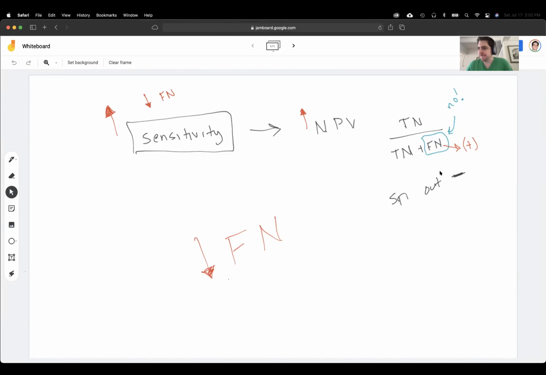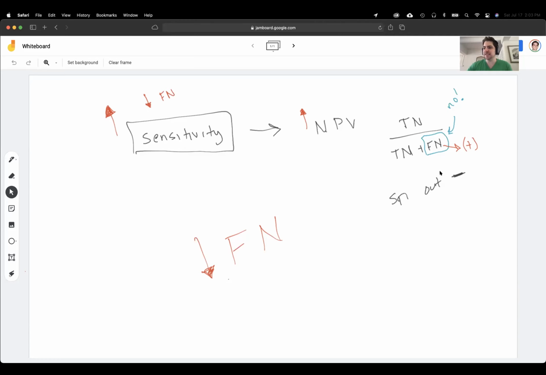An increased PPV would be an increase in specificity. Right, exactly. It's the exact opposite. So high specificity would correlate to an increased positive predictive value. You could use that spin snout thing for this, but I like this approach just in case they put it in words on the test.